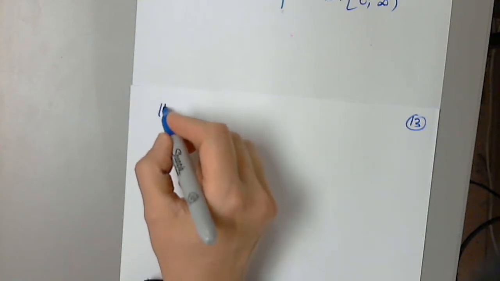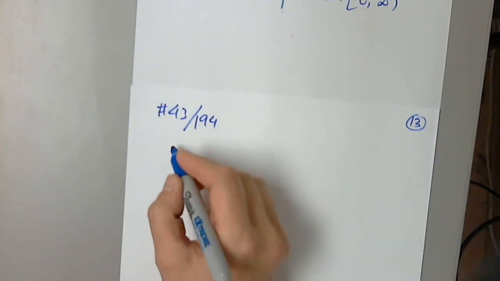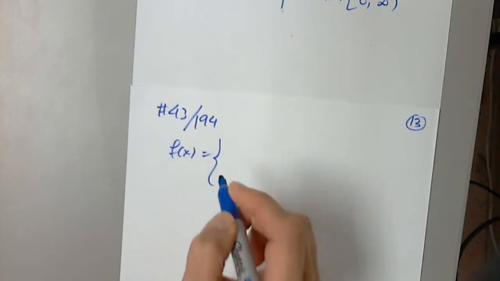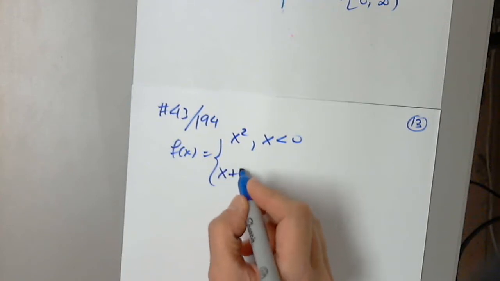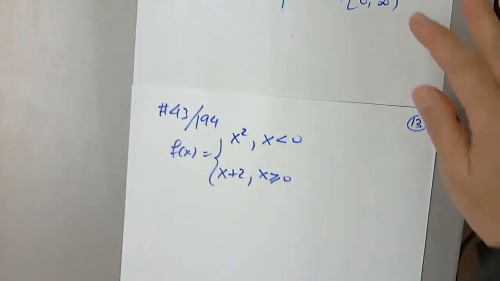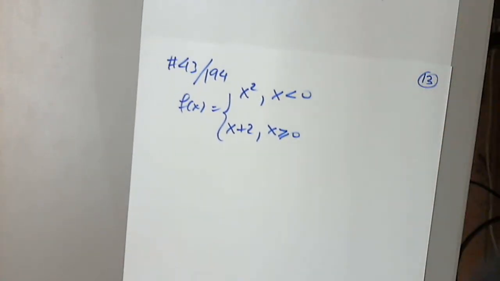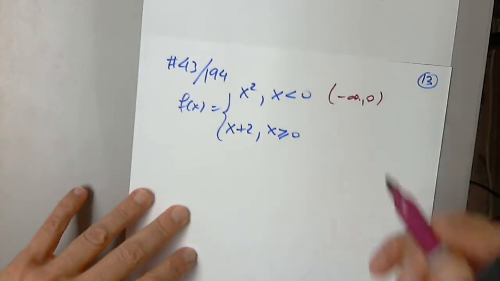So let's say number 43 on the same page, 194, f of x equals x squared for x less than 0, and x plus 2 for x greater than or equal to 0. Like before, I will look at this and see negative infinity to 0.